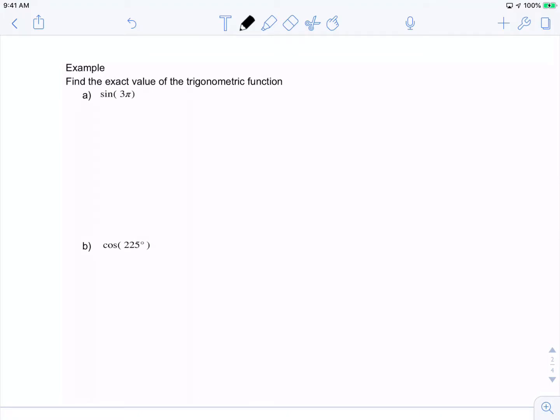So again, we're going to get sine of our theta is going to be y over r. That's the formula, so I just want to get in the habit of doing that.